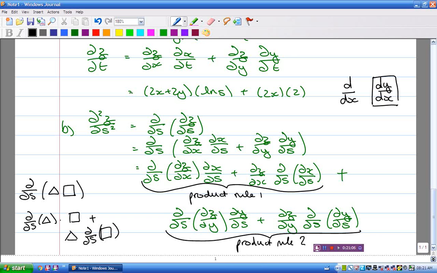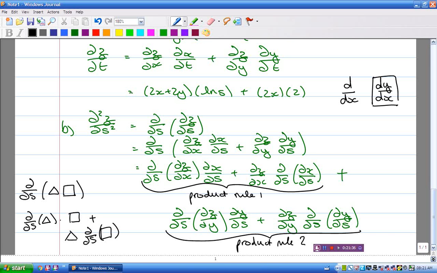So what's happening over there, for instance, let me choose one I can actually reach. Over here, that doesn't say d by ds times the thing in the brackets. It says d by ds of the thing in the brackets. So this is the derivative with respect to s of a bracket times a factor, plus some factor times the derivative with respect to s of the thing in the brackets.